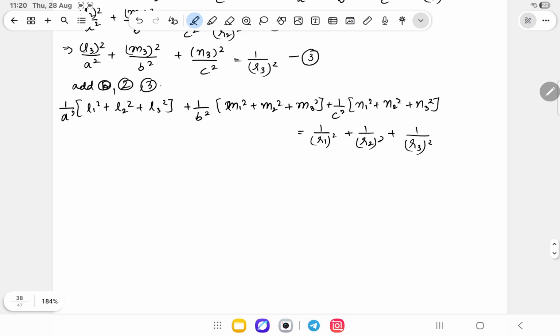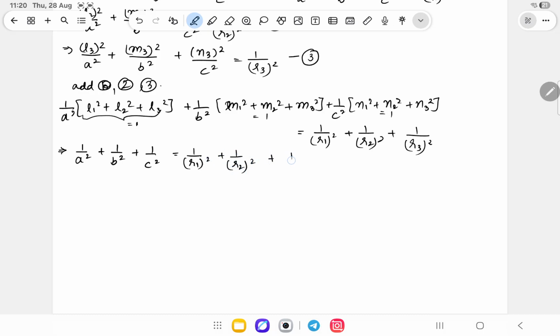Using the mutually perpendicularity condition, this term is basically equals to 1, likewise this is equals to 1 and this is also equals to 1. So from here I get 1 by A square plus 1 by B square plus 1 by C square equals to 1 by R1 square plus 1 by R2 square plus 1 by R3 square. Let us name this relation as 4.